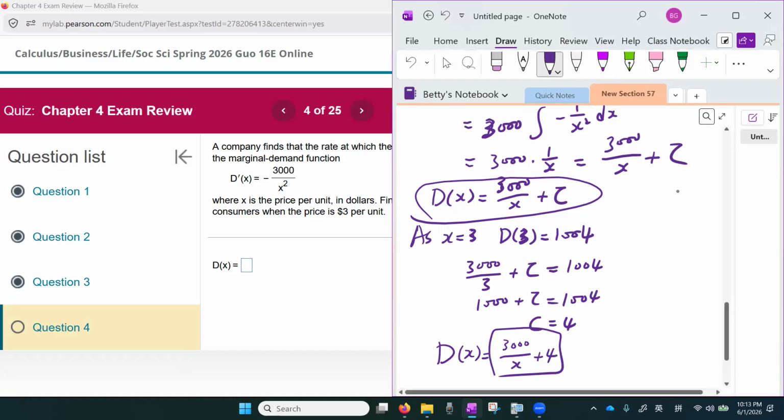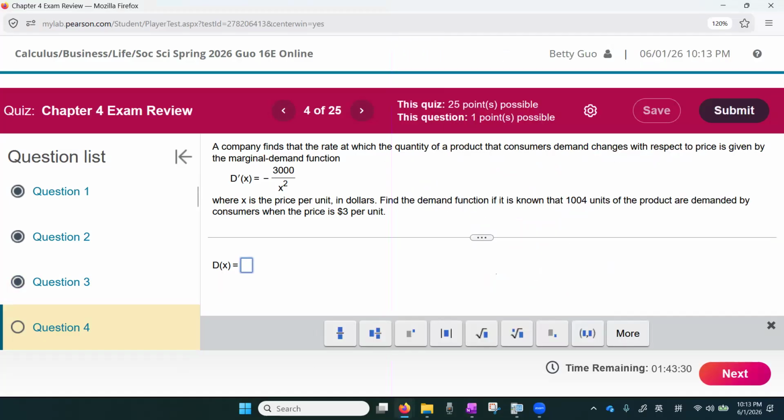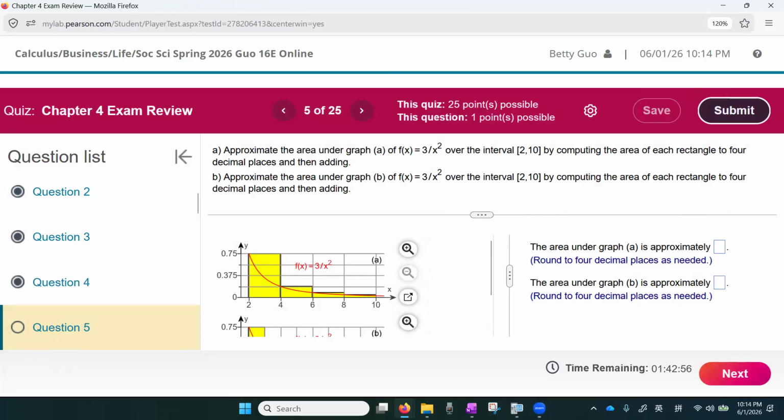That's the answer we need to enter here. And we can double check. Firstly, it satisfies the condition: when x equals 3, D is 1,004. Secondly, the derivative of the function is negative 3,000 over x squared. So that's definitely correct. Next, question number 5.